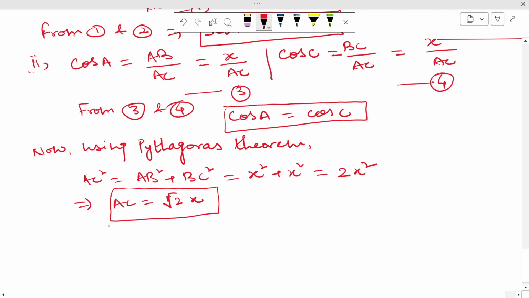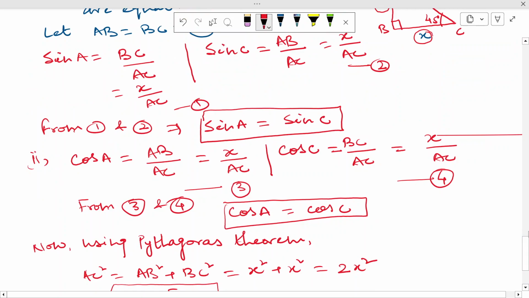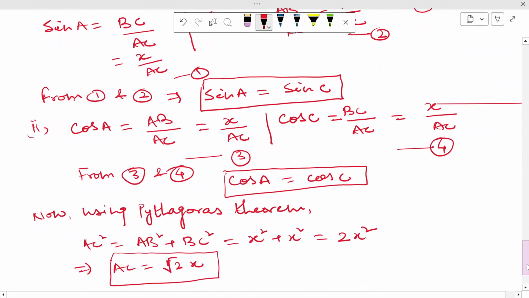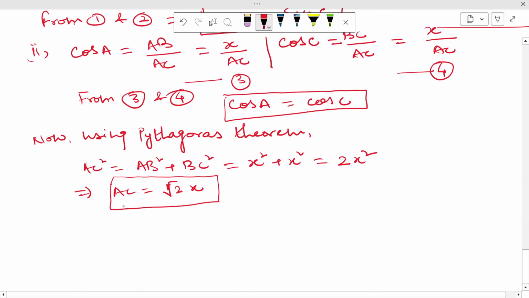Now why did we calculate this? Because if you look at the third and fourth parts, we have to obtain the value of sin A plus cos A and tan A plus cot A. So for numerical value we need AC in numerical form.